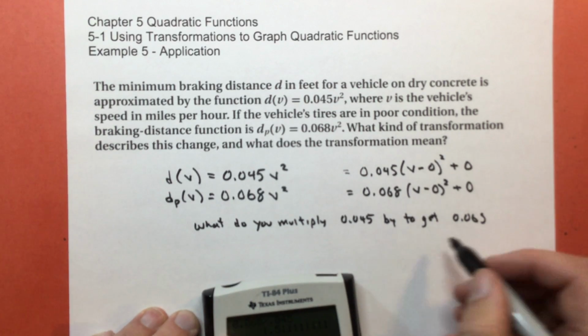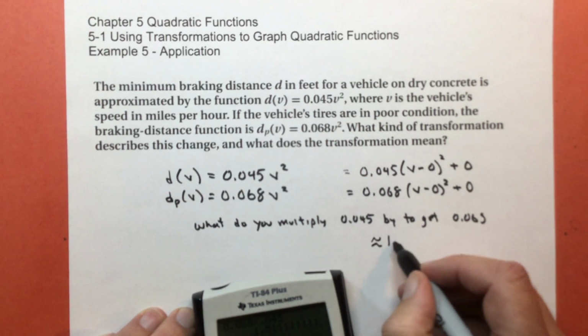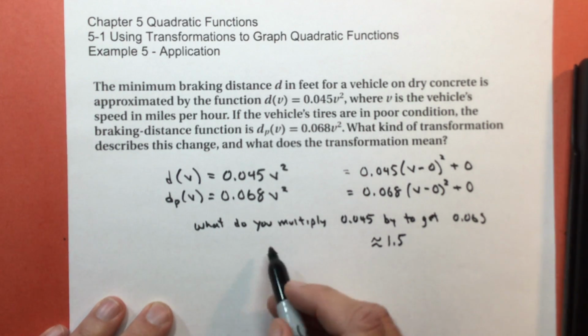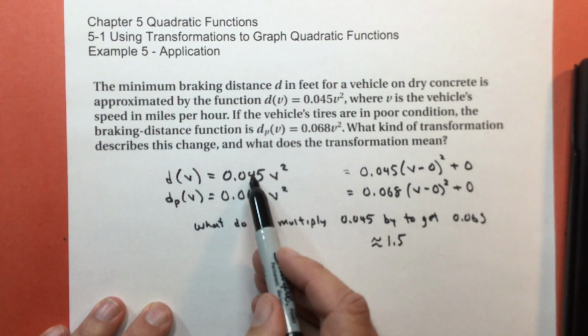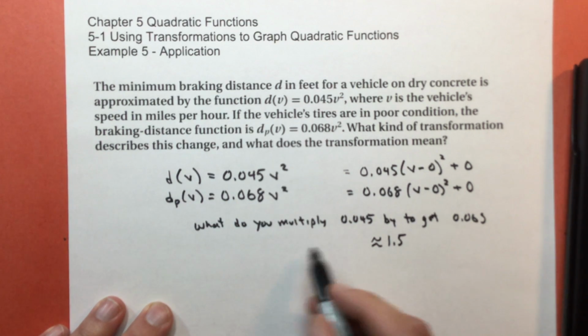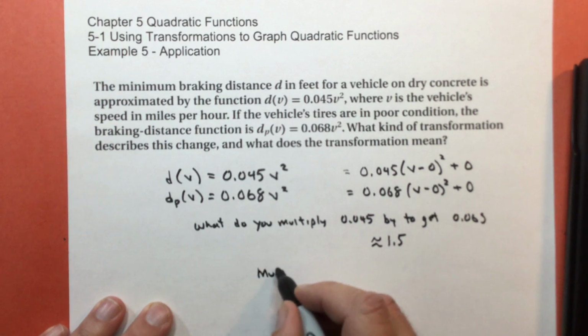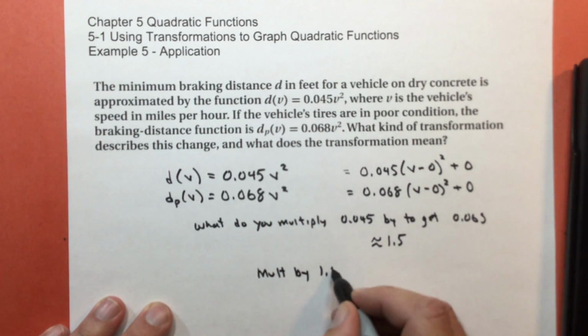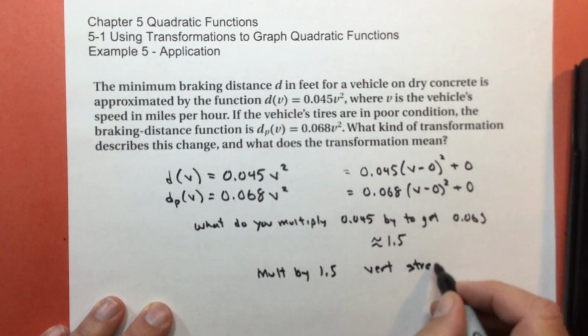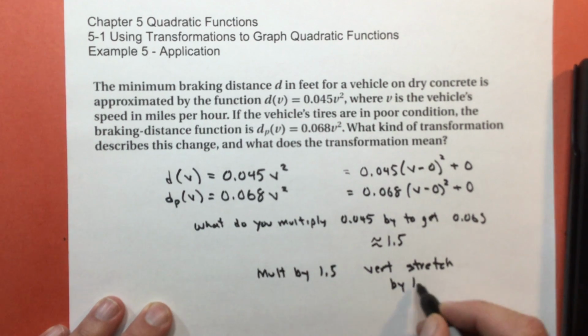It looks like it's approximately 1.5. Okay, I'm sure there's been a rounding error because this is the whole thing, right? So that means that this function is multiplied by 1.5 to get this function. And when you multiply by 1.5, that is a vertical stretch by 1.5.